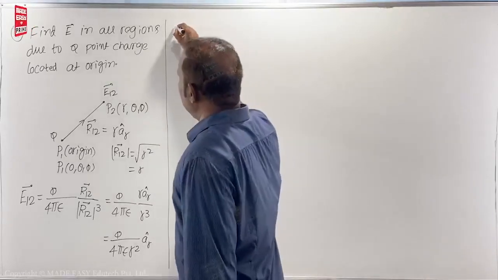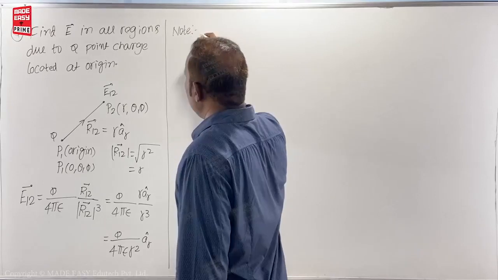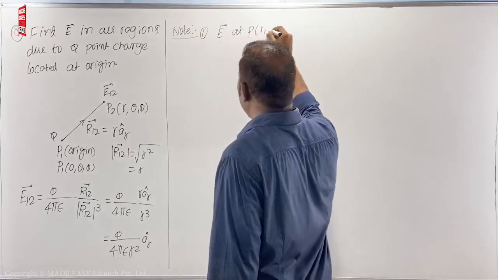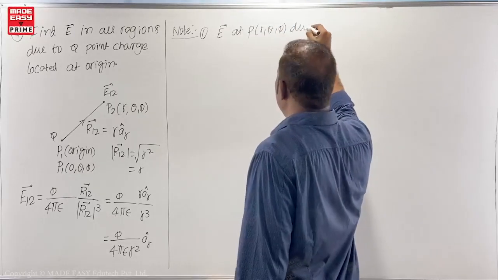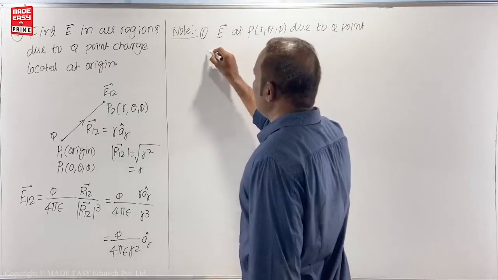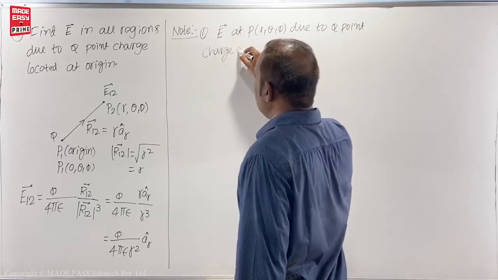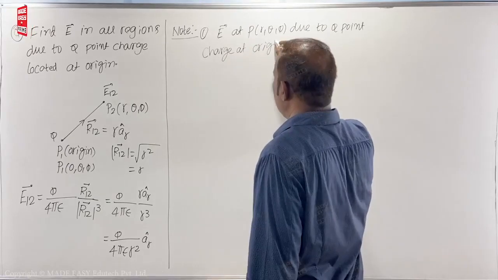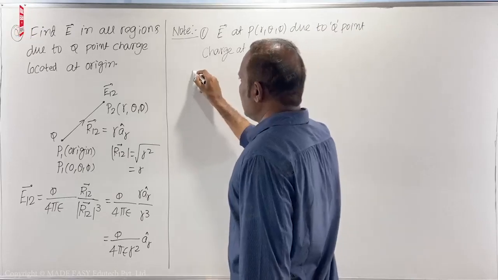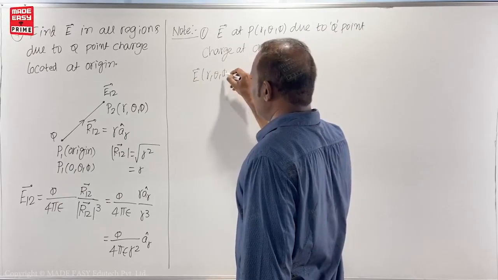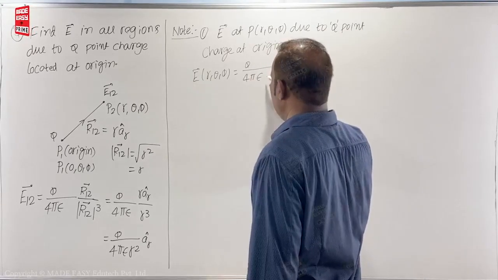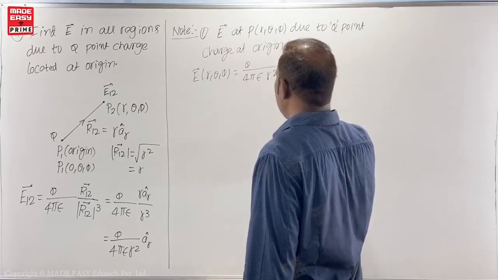Now let us write a note here. First point, E bar at P(r, theta, phi) due to Q point charge at origin is E bar (r, theta, phi) is equal to Q divided by 4 pi epsilon r square aR cap.